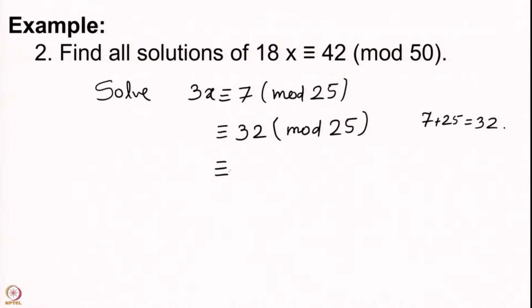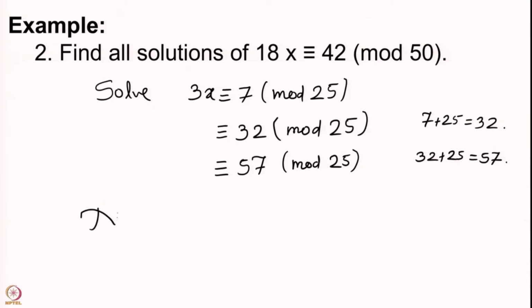So, I will add 25 to this further to obtain 57, because 32 plus 25 is 57. Now, the GCD of 3 and 57 is 3.